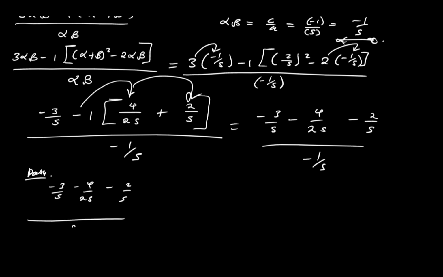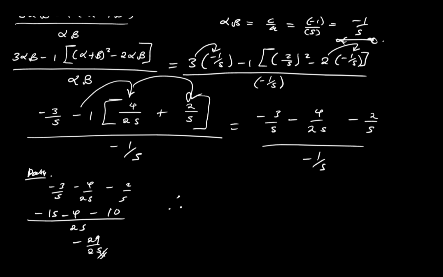Common denominator, 25. 5 into 25 is 5, times -3 that's -15. Then 25 into 25 is 1, so it should be -4. Then 5 into 25 is 5, times 2 is 10. So I'm having -29 over 25.